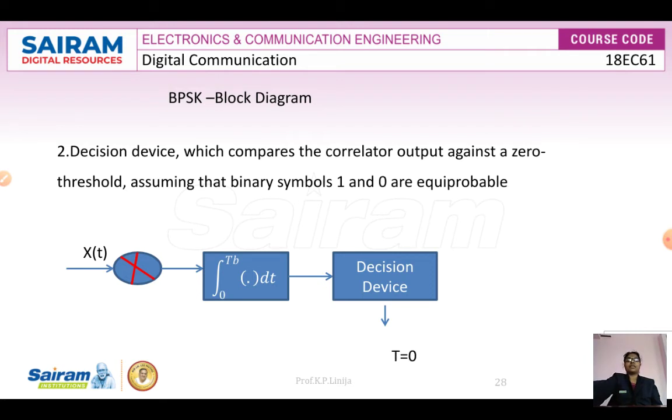x of t is given to the correlator. Basically, the correlator consists of a multiplier as well as the integrator. Therefore, the output of the correlator is given to the decision device. Now the decision device is going to take a decision, or estimate the transmitted signal.